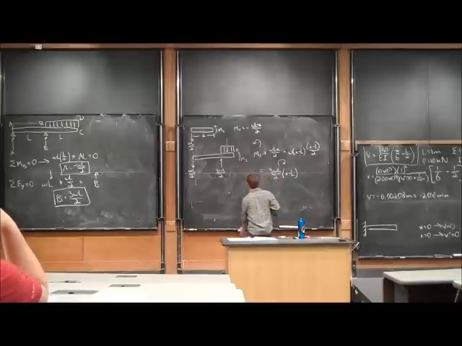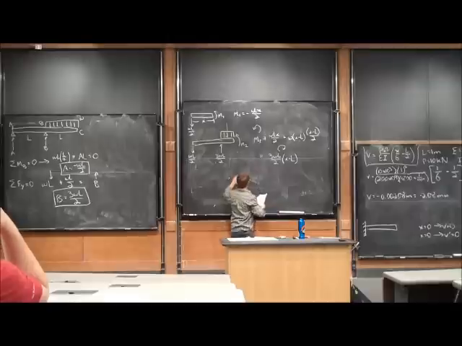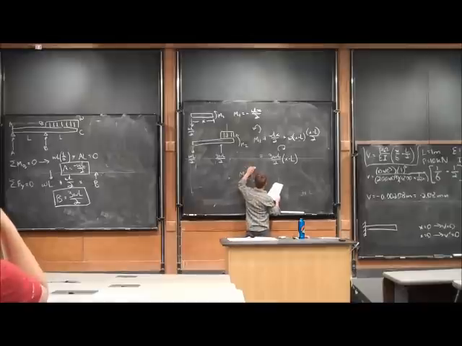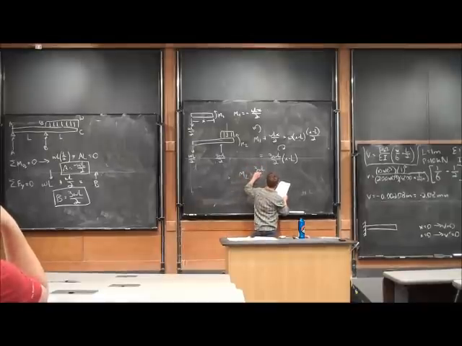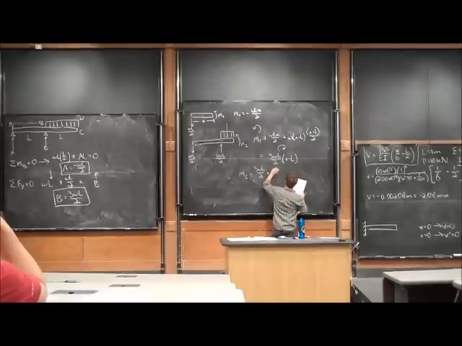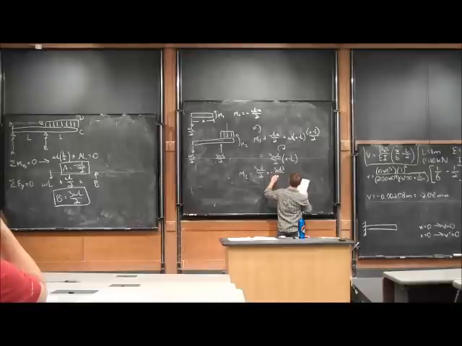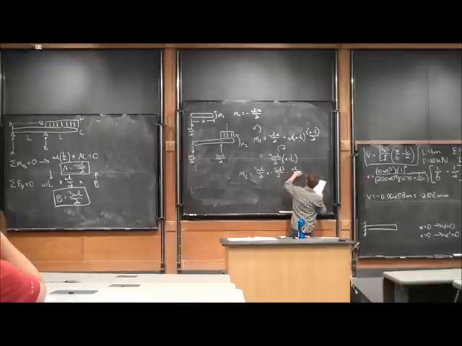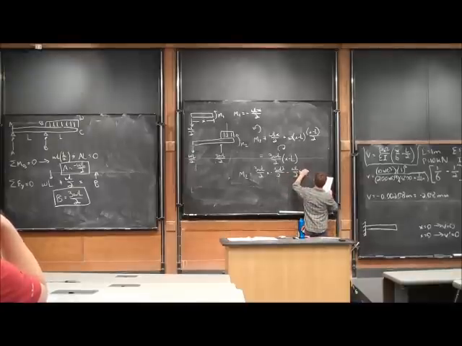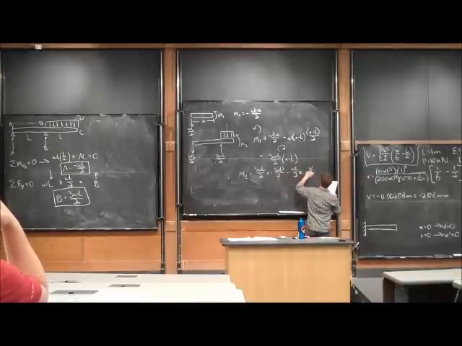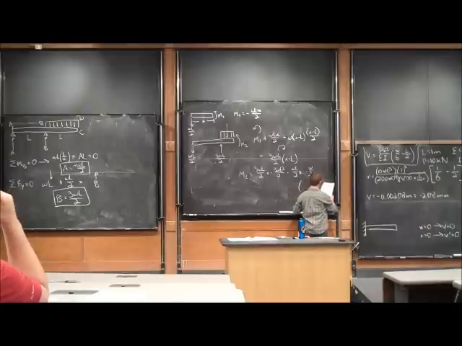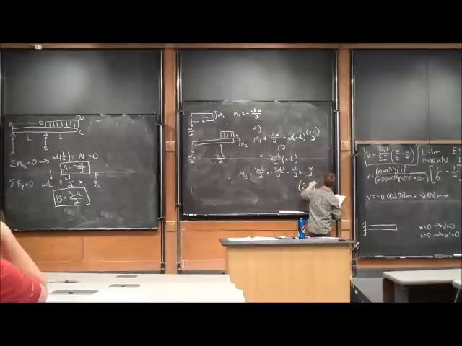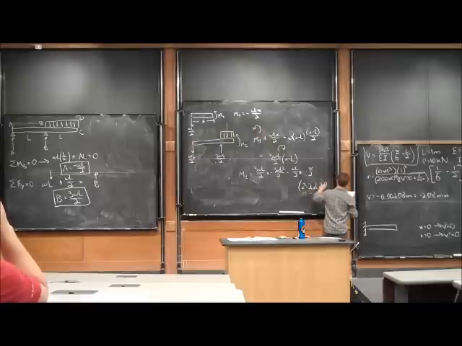So from this, we can see that our moment equation, by just solving for M2 and rearranging our terms, is that M2 is going to be equal to 3WL over 2 times X minus 3WL squared over 2 minus WL over 2 times X minus W over 2 all times X squared minus 2XL plus L squared.